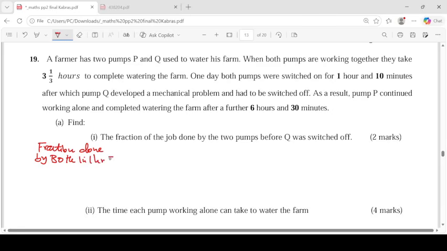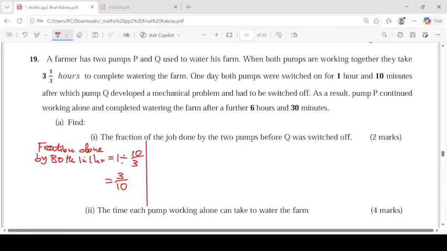That will be given by 1 divided by 3 1/3, which is 10 over 3, meaning in 1 hour they will do 3 over 10 of the work. If they work together for 1 hour, they can do 3 over 10 of the work.